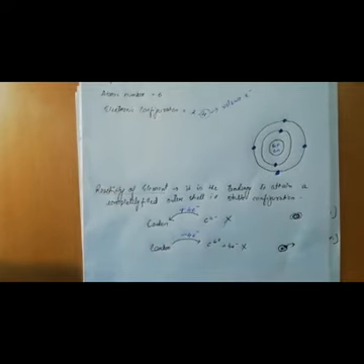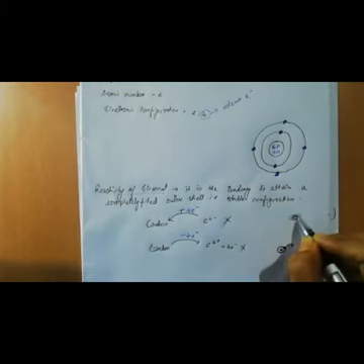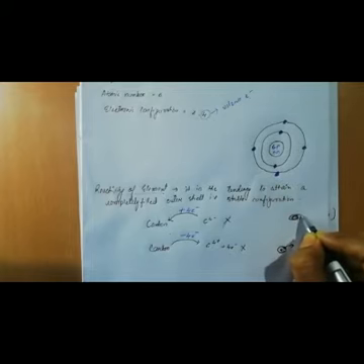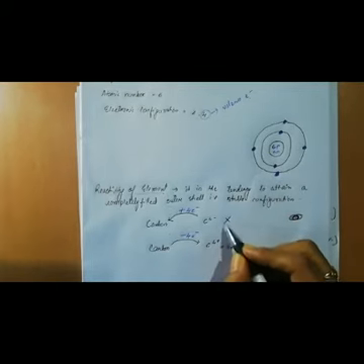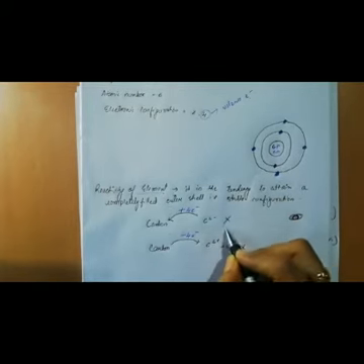But in the first case, when 4 electrons are added to carbon, it will be difficult for the nucleus to hold 10 electrons because carbon has a small size, so this addition of 4 electrons is not possible.